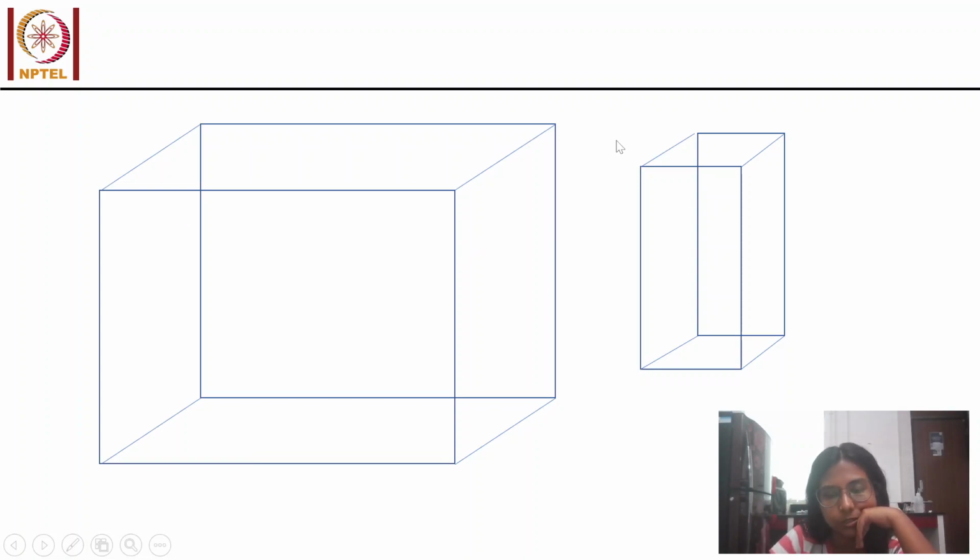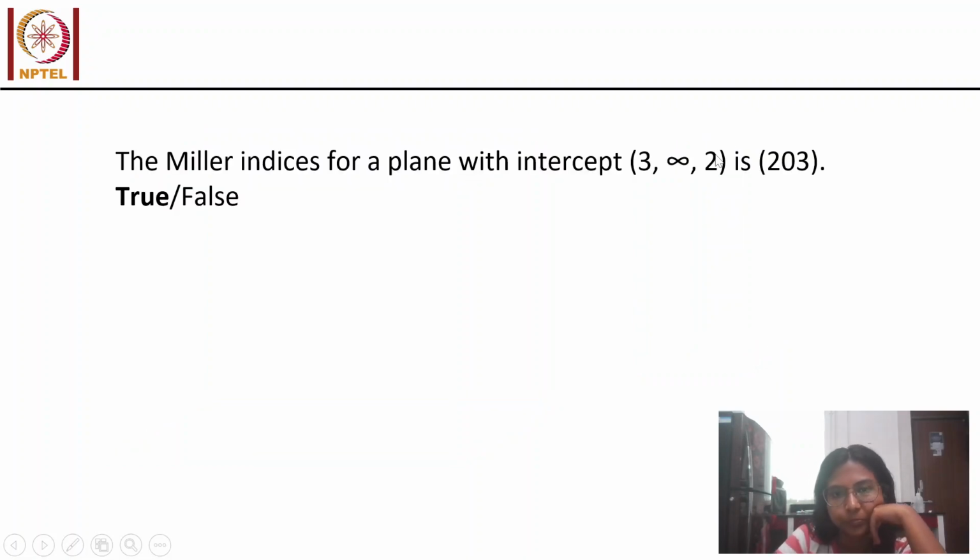If this is a cubic system, it will be true, but if we have a monoclinic system, or even a tetragonal system where this axis is equal to this axis, let us assume, and this is not equal, then this plane and this plane will not be equal.